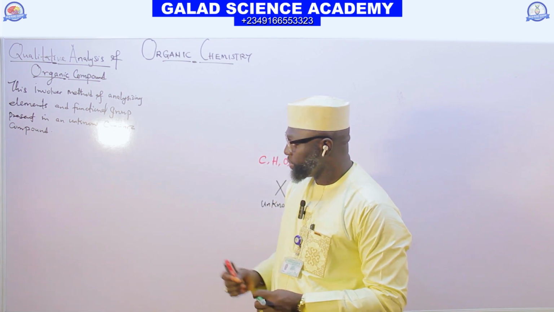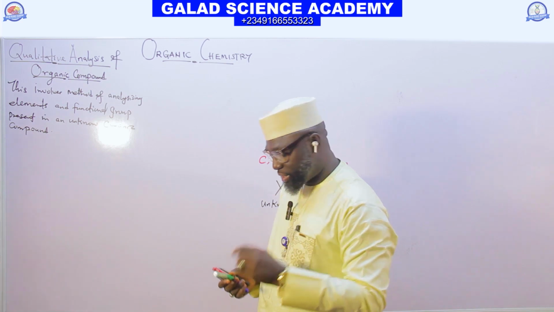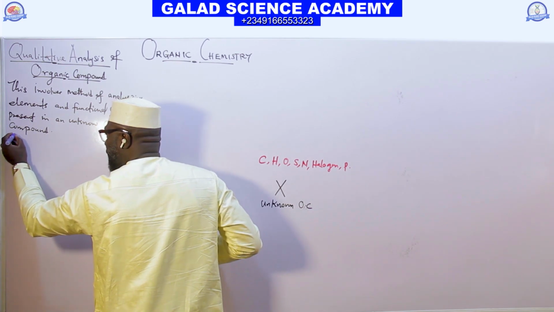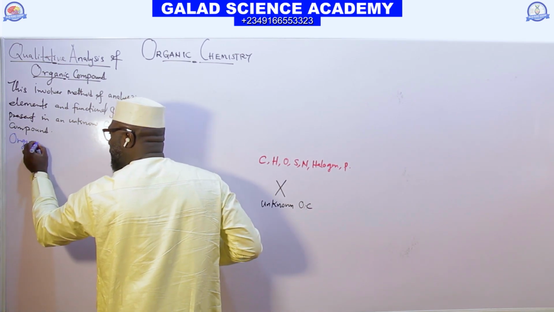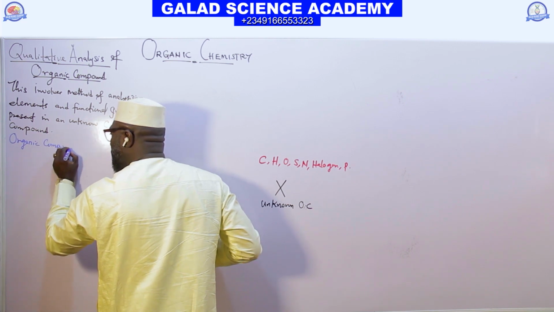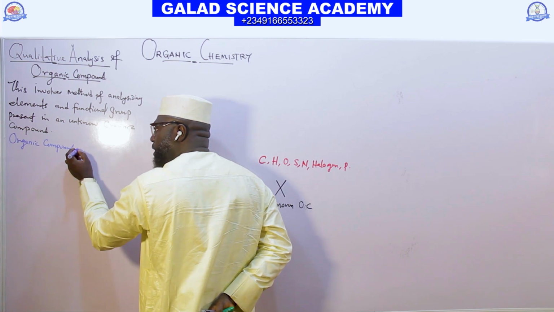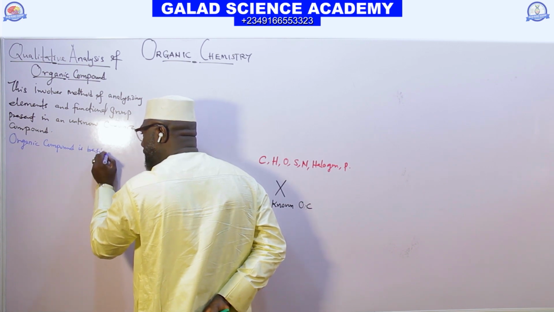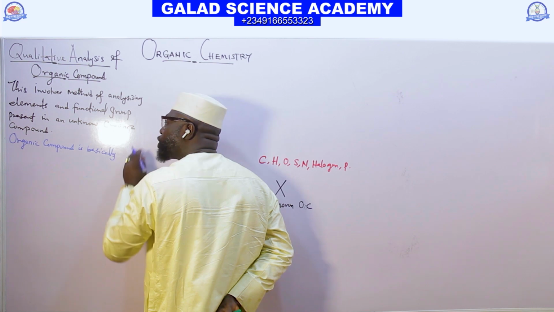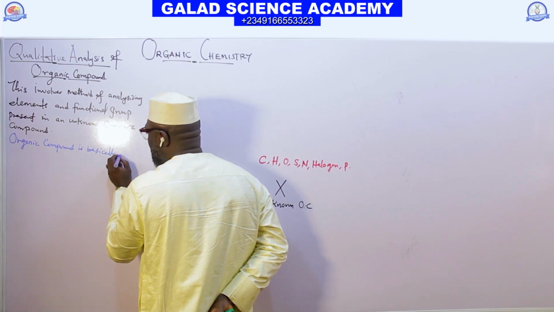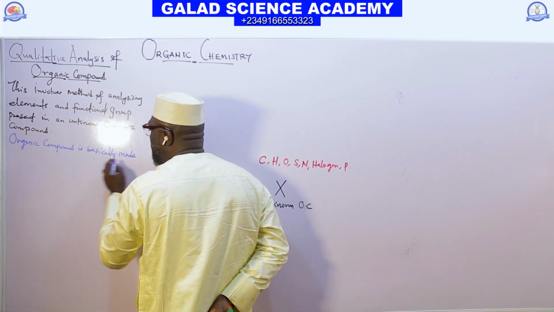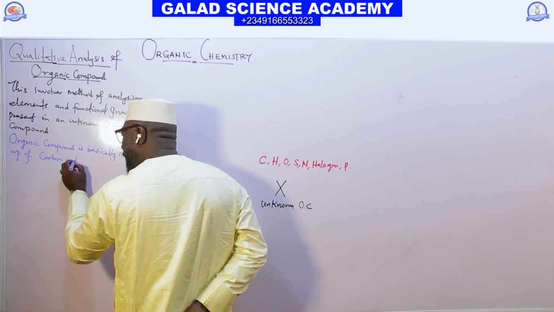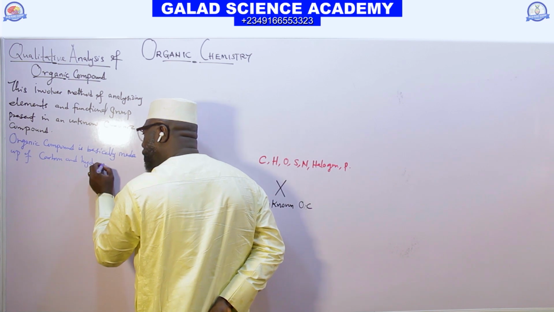So, as we all know, an organic compound is basically made up of carbon and hydrogen.